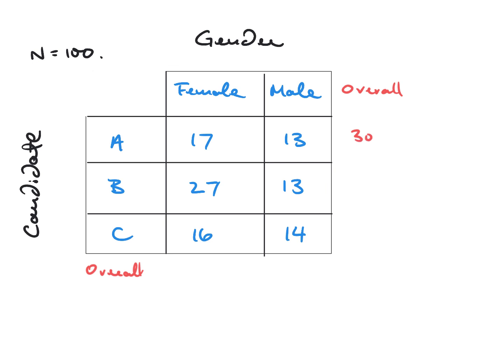The number who like candidate B is 40. Number who like candidate C is 30. Overall, the number of females is 17 plus 27 plus 16 equals 60 females, and we have 40 males in the sample.